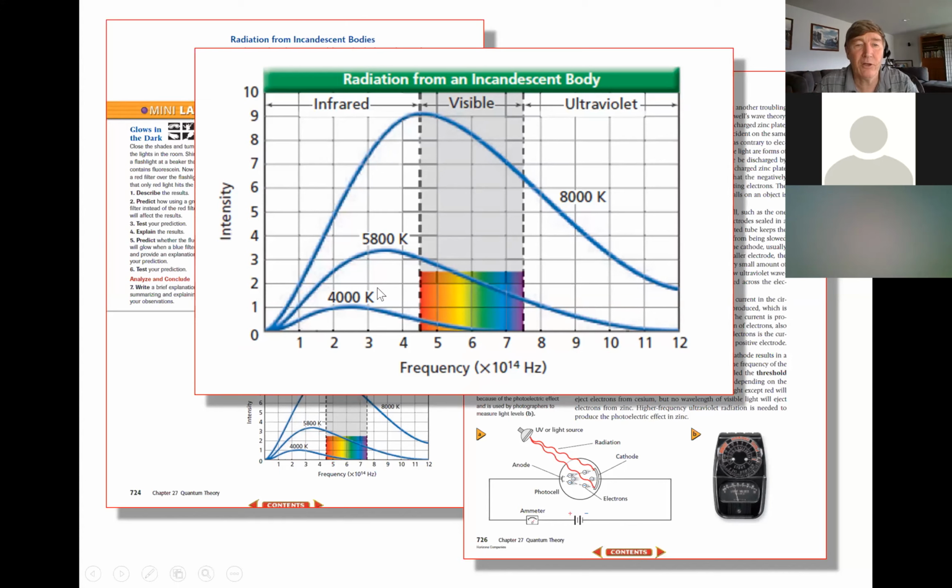So let's look at the lower curve here. We've got this 4,000 Kelvin. That means that they heated the filament to a temperature of 4,000 degrees Kelvin. Okay, and then at all the different frequencies, they measured the light, and they found out that they got the maximum amount of light at about 2.5 times 10 to the 14th hertz.